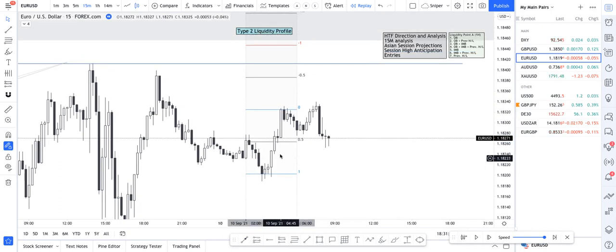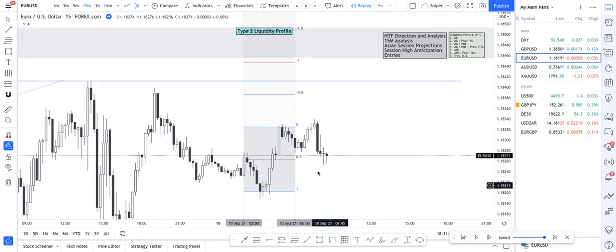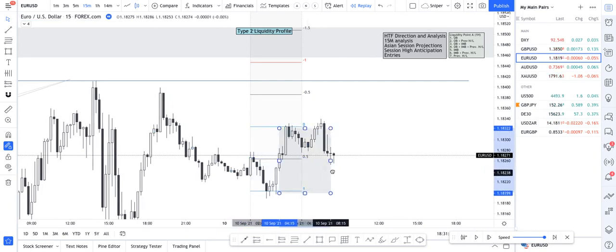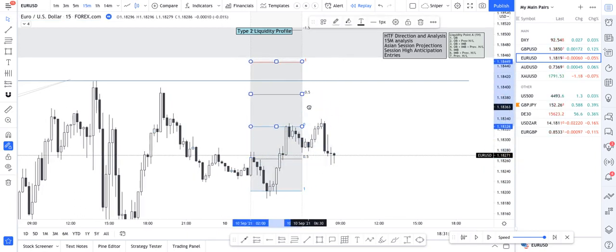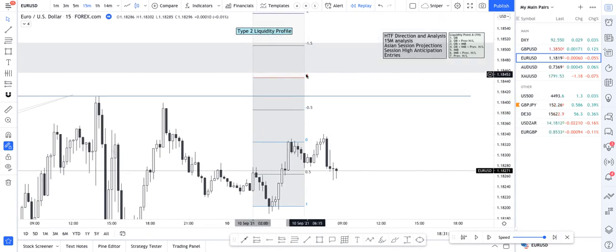I'm looking at expansions of this range, equal moves, using full expansion. If we just place a block around it, this is one projection. If we project this towards the upside, this would be one projection, and you can see there, one.